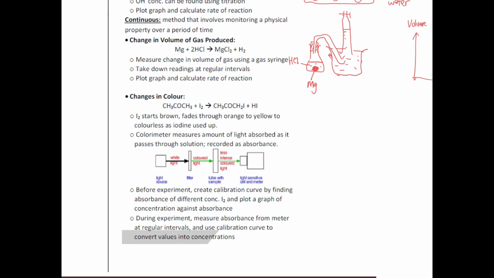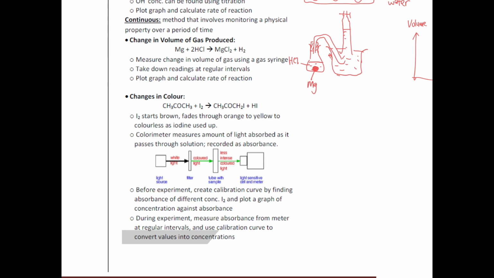Your sample is either brown, orange, or yellow depending on which stage you are at, or even colorless. The light passes through the test tube and at the end enters the colorimeter. The colorimeter will give you the absorbance. Then you plot the graph.